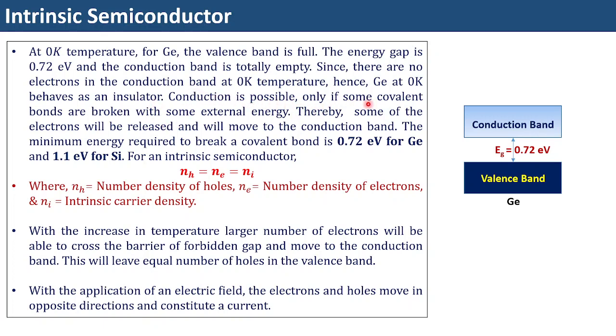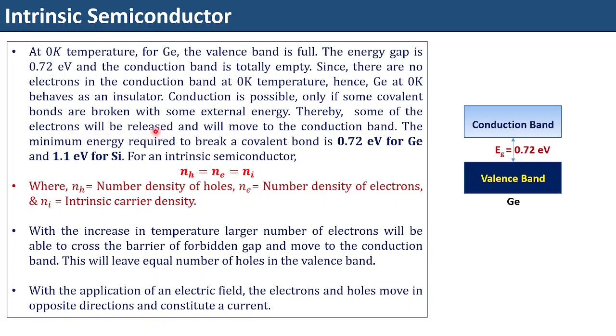So conduction is possible only if some covalent bonds are broken. Now what happens at absolute zero? We have understood that this is behaving like an insulator. Now if you add some external energy from any source, it could be from light, electricity, or any other mode like heat, what will happen? Some of the covalent bonds in the valence band will be broken. And if the bonds are broken, some electrons will be released.